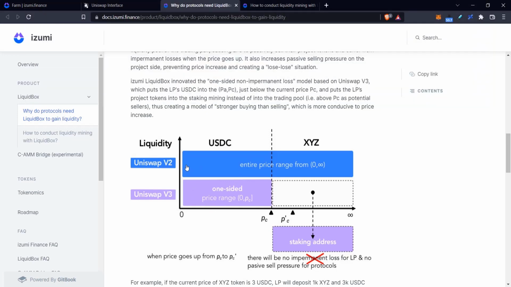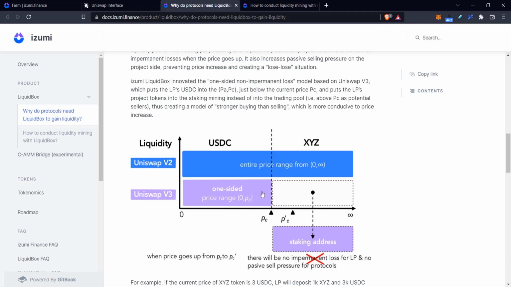If you provide liquidity in Uniswap version 2, which is 0 to infinity, then every time the price of say XYZ goes up in value, you sell a little bit of it to USDC so that the US dollar value of each token will be 50-50. But what they're saying here is you can provide liquidity just on the USDC side of the current price, and then the token that you have doesn't actually go into the liquidity pool and sits in the staking contract.